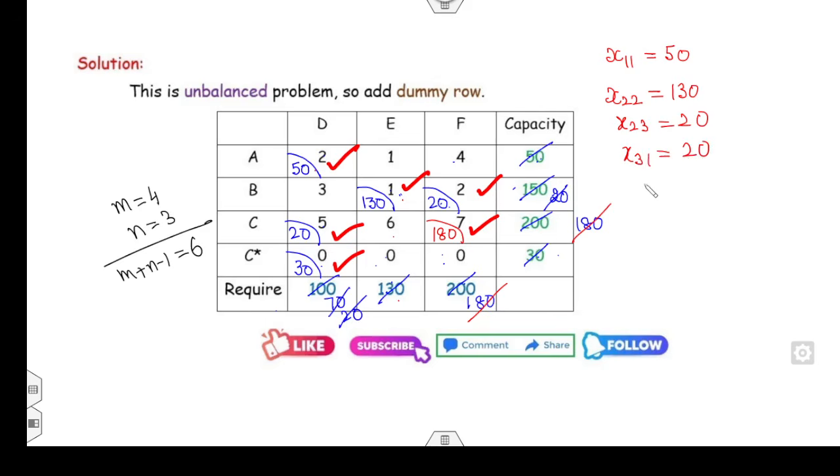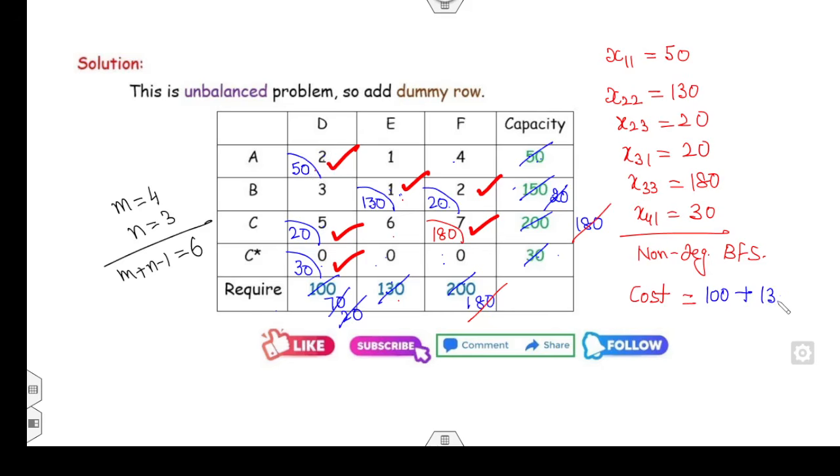X31 is my 20. X33 is my 180. X41 is my 30. So that means we will get the non-degenerate BFS solution. And you can calculate the cost by multiplying 50 into 2, 130 into 1, and so you will get the required answer in the problem.